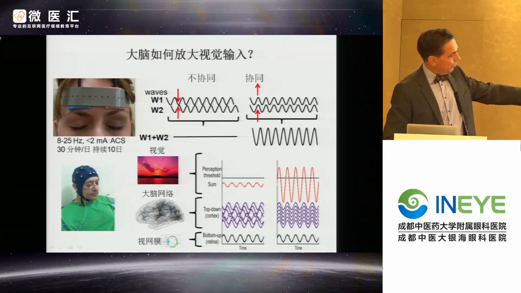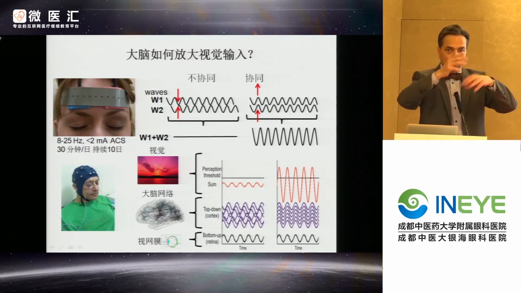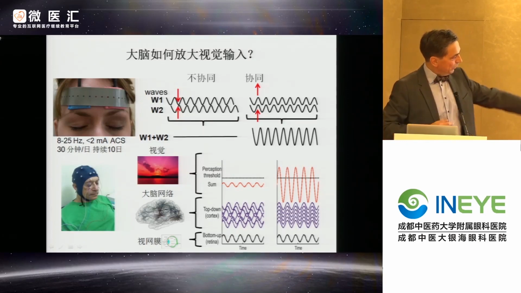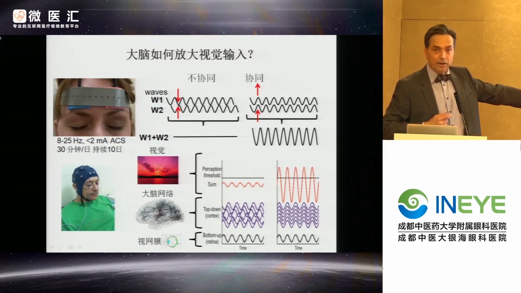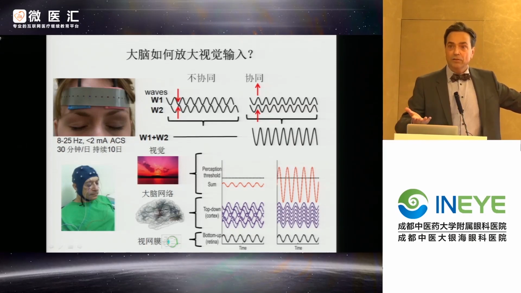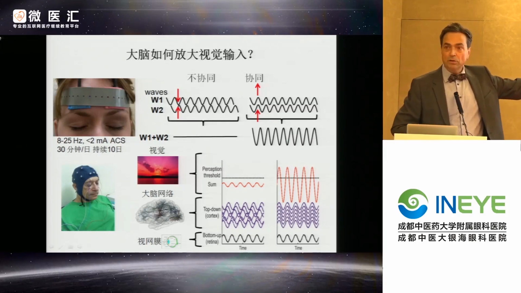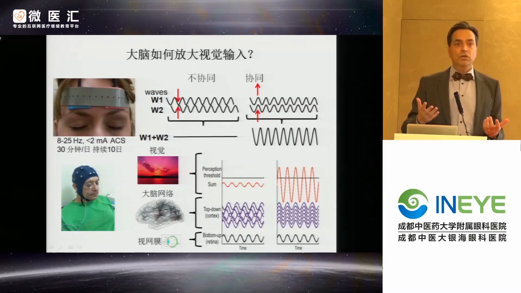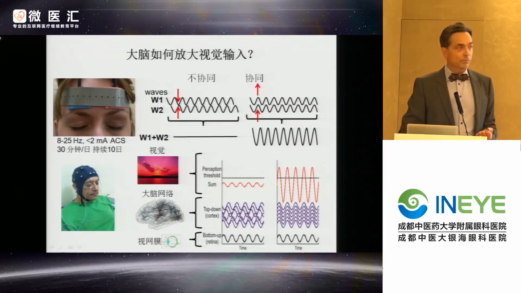So now looking from the brain perspective, on the lower graph, you see on the left side the brain, where all the waves are not in organization. When you have a retinal signal, which is then amplified by the brain, actually it is not amplified because the brain is unsynchronized. And the sum of it, which is on the top, the vision, is not sufficient for you to see something.